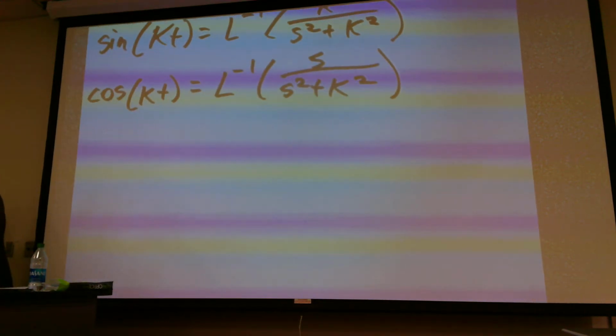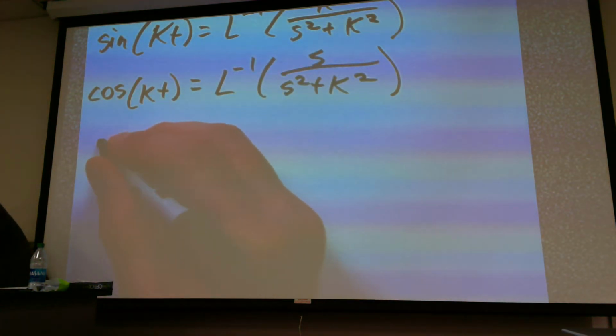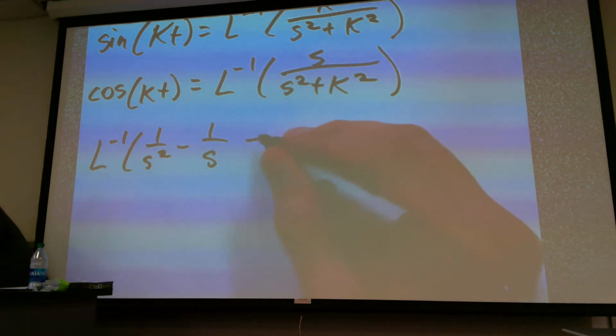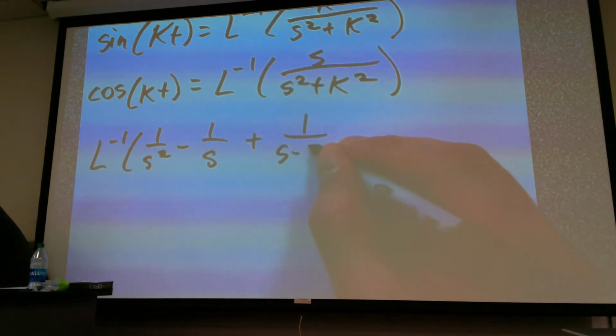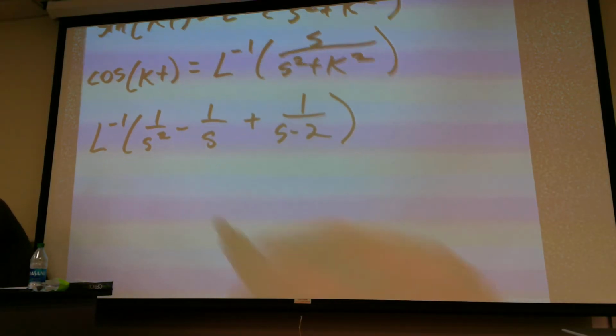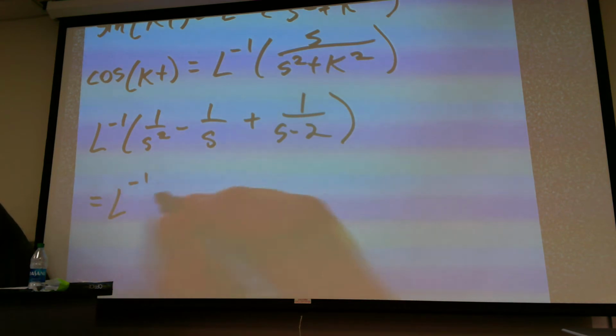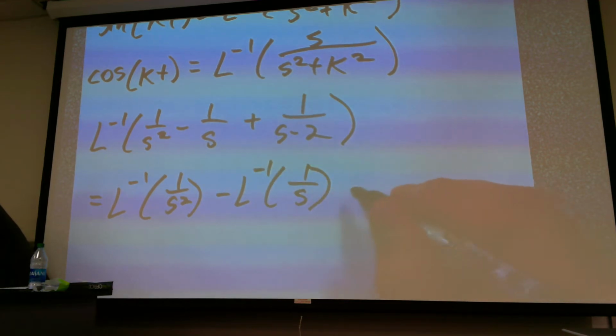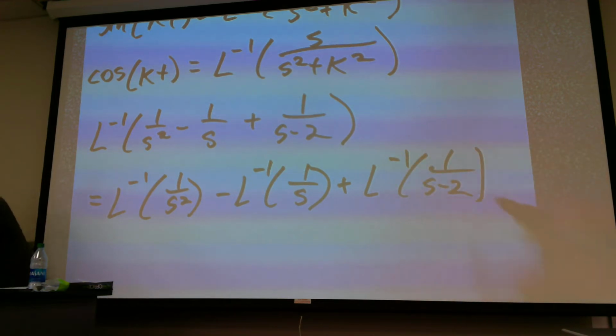So let's start with the combination of the e's and the polynomials. Let's say we were doing L inverse of 1 divided by s squared minus 1 divided by s plus 1 divided by s minus 2. That would equal L inverse of 1 divided by s squared minus L inverse of 1 divided by s plus L inverse of 1 divided by s minus 2.